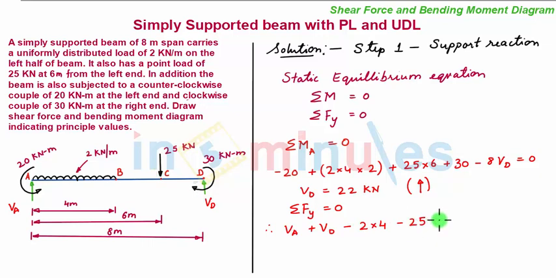So all the forces are accounted for. This is the summation of all the vertical forces and it is equal to 0. Now substituting the value of VD as 22 kN here, we get the value of VA as 8 plus 25 minus 22, where 22 is the value of VD. So this is equal to 11 kN. Again, since VA is positive, the force is upward.